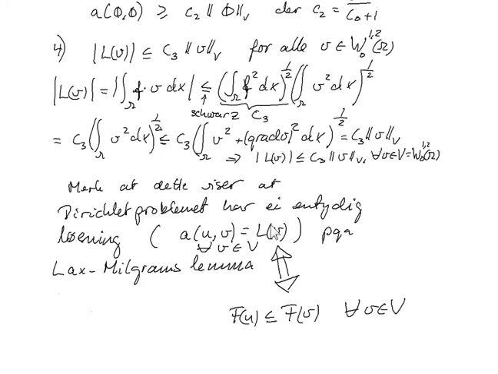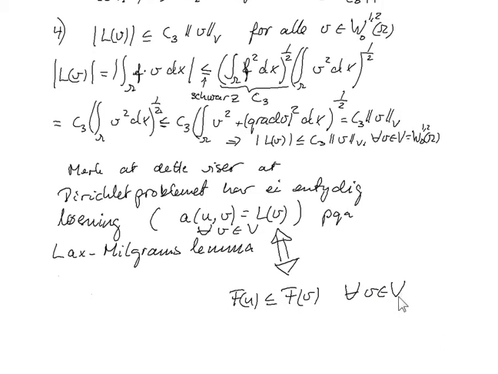And since property 1 also is satisfied, we know that this is equivalent with the minimum formulation that f of u should be less than f of v for all v element in the space capital V, which in our case was equal to the Sobolev space W0, and where f is the usual functional associated with the Dirichlet problem.